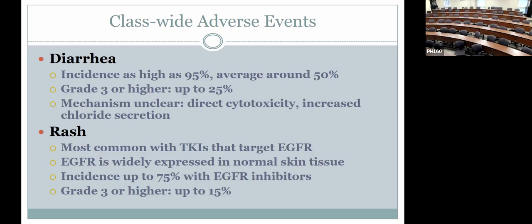It makes sense because EGFR itself is widely expressed on our normal skin tissue, hence why you get the skin rash. Specifically, in patients receiving EGFR inhibitors, the likelihood of getting a rash is about 3 out of every 4 patients. We'll talk about that a little more in detail in just a moment.